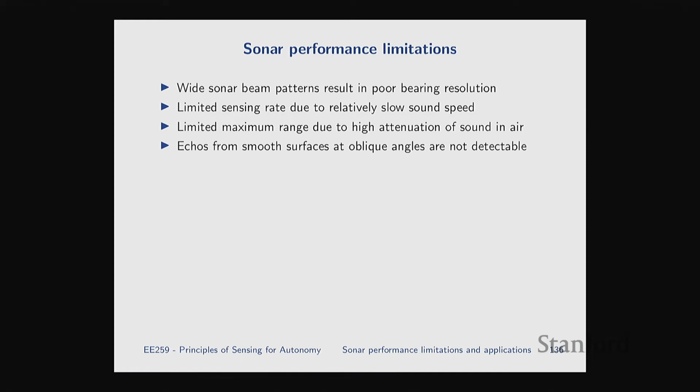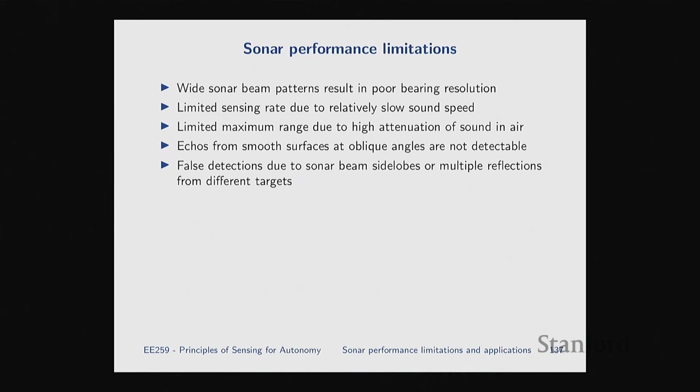We also know if you have smooth surfaces at very oblique angles, you might not receive any echoes from them because most of the sound that hits it is going to bounce off away from you. So sonar typically has a hard time detecting targets at oblique angles.